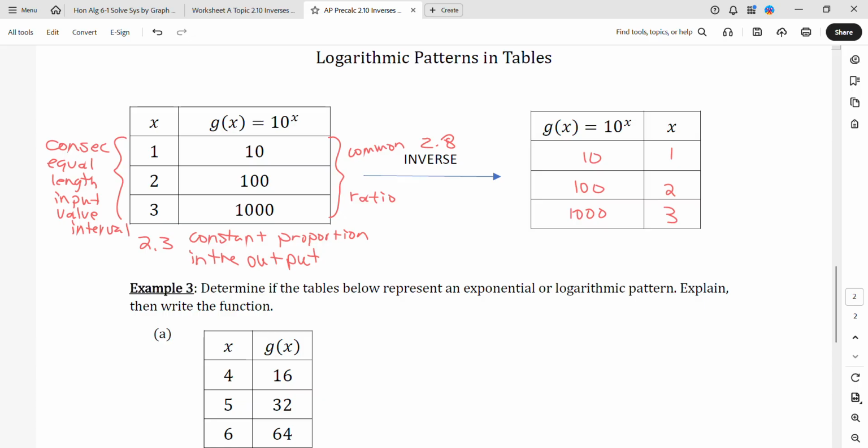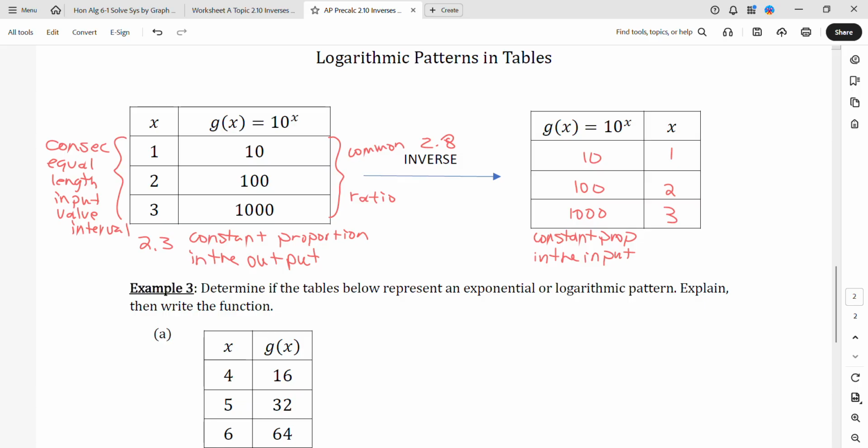What I'm about to show you is revolutionary. Just kidding. It's not. If we're flipping the x and the y's, a logarithm will have a constant proportionality in the input. Right?